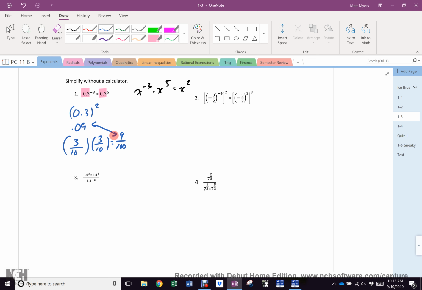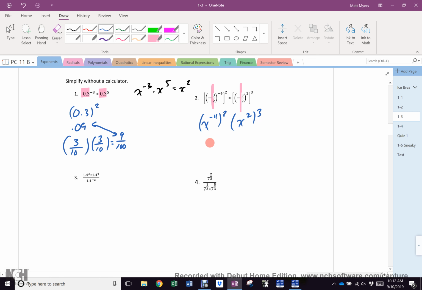Yeah. Does number 2 scare you? It looks a little scary, doesn't it? But is it? What do you notice there and there? They're the same base, so can't we just follow the regular rules? Isn't this the same as x to the negative 4 squared and x squared cubed?